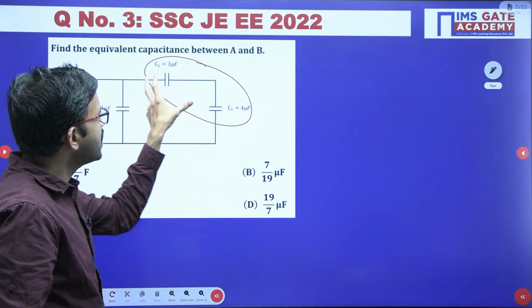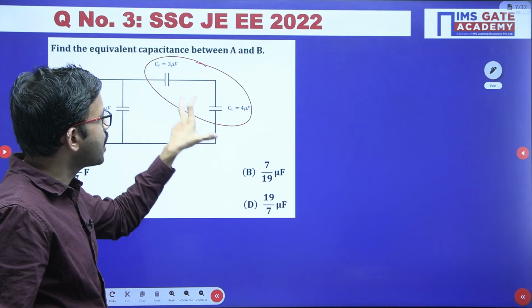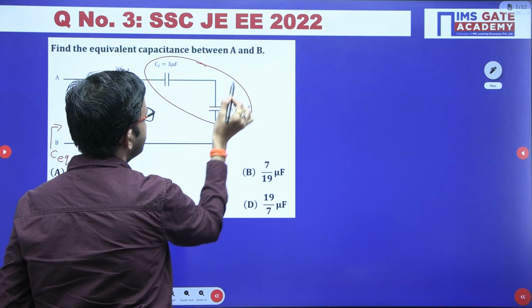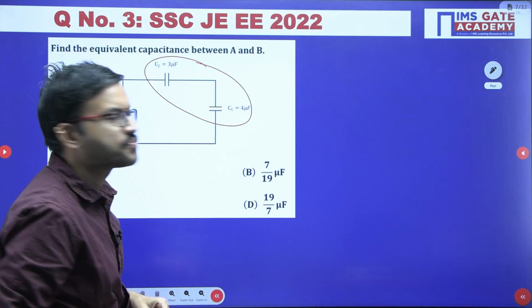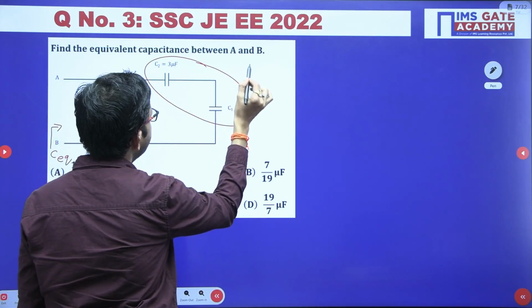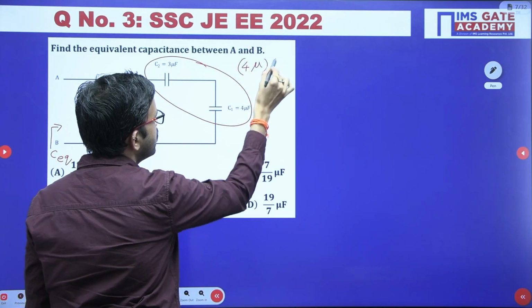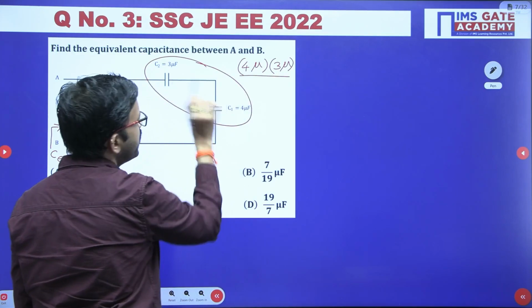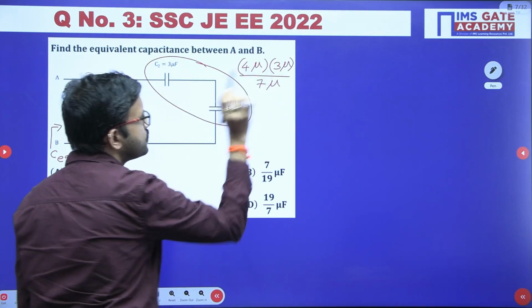If resistors are connected in series, then we add them, right? But here, since capacitors are connected in series, you get the equivalent capacitance as C1 C2 by C1 plus C2. That means 4 micro into 3 micro divided by 4 micro plus 3 micro, which is 7 micro.